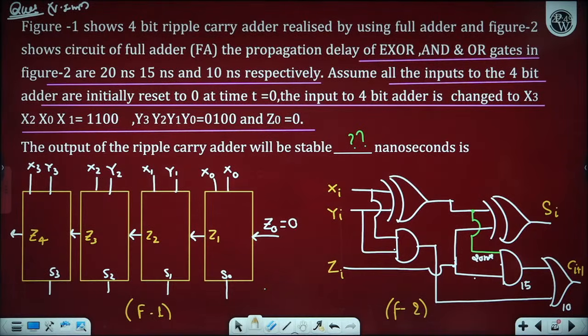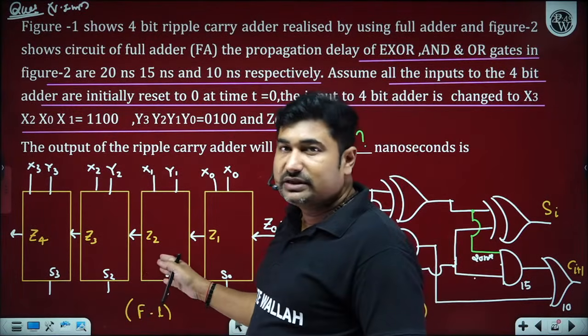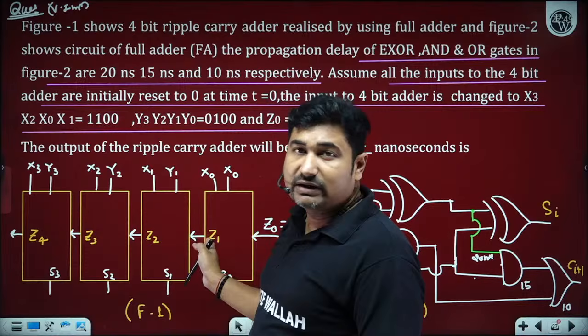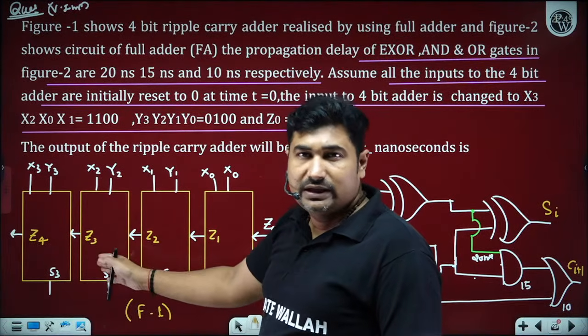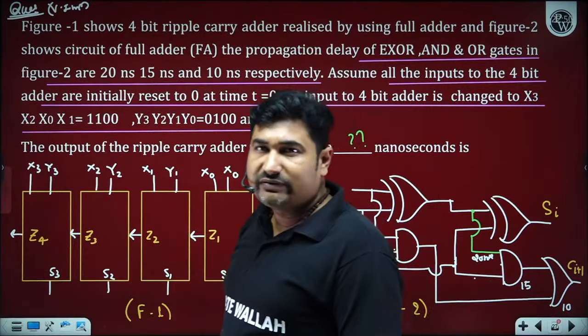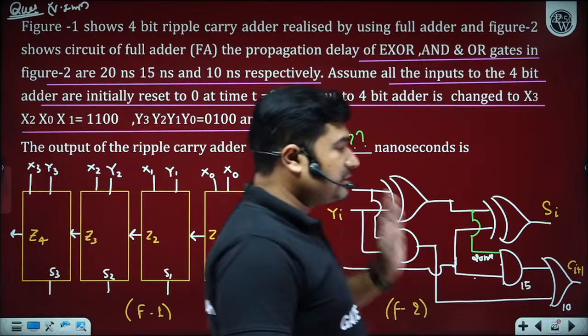If the data is not given, we know the carry bit comes after 45 nanoseconds, so you can write (N minus 1), that is 4 minus 1, into the Cout time of 45 nanoseconds, plus 45 nanoseconds. That is the worst case delay in case the data is not given.